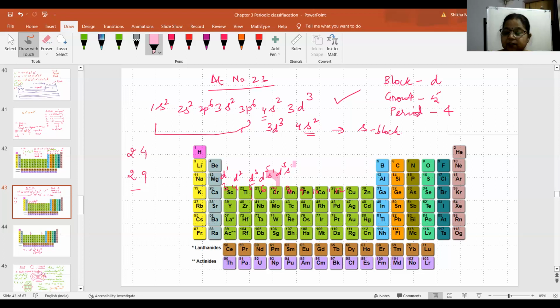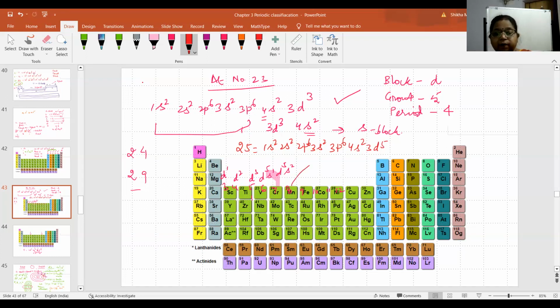For manganese, which is atomic number 25, if I write it quickly, it will be 1s2, 2s2, 2p6, 3s2, 3p6, 4s2, 3d5. So for chromium family, it will be d5s1, and for manganese, it will be d5s2. Is it clear to everyone? Yes, ma'am.